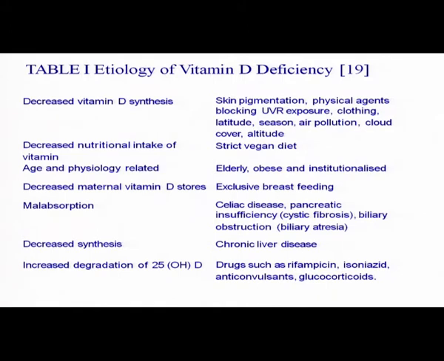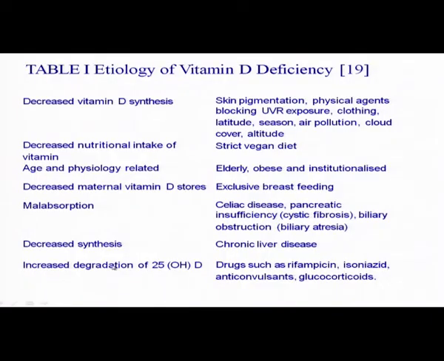Sometimes even drugs given for the treatment of seizures, the anticonvulsants, the phenytoin class of drugs, and then glucocorticoids, those drugs which interfere with carbohydrate metabolism through the insulin pathway. These drugs cause increased degradation of the active form of vitamin D in the liver, the 25-hydroxy vitamin D derivatives.